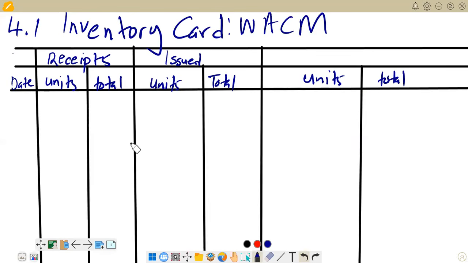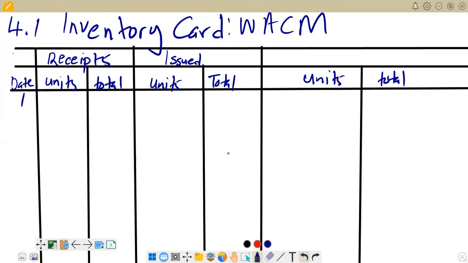This is the inventory card that we have using the weighted average cost method. At the beginning, the date is 1. The information of the balances we put here in the last two columns, the units and the total.